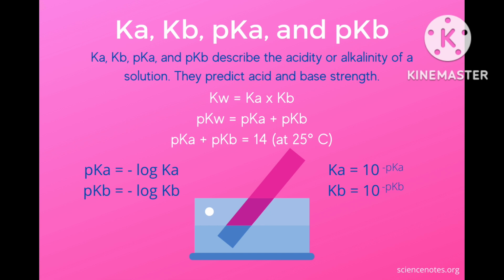Then lime water, aqueous calcium hydroxide, has a value of 10.5. It is also basic, but less than 0.1 M NaOH. Milk of magnesia, magnesium hydroxide, is also about 10.5.